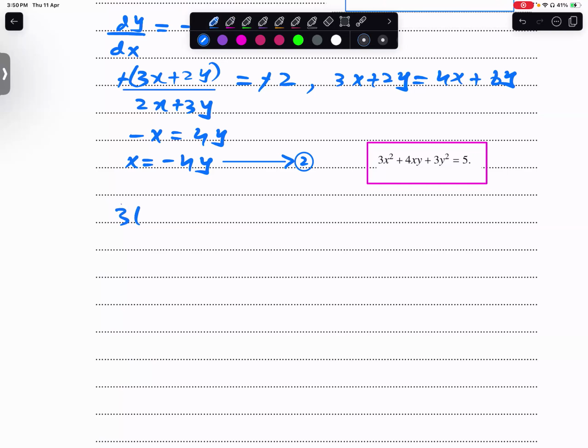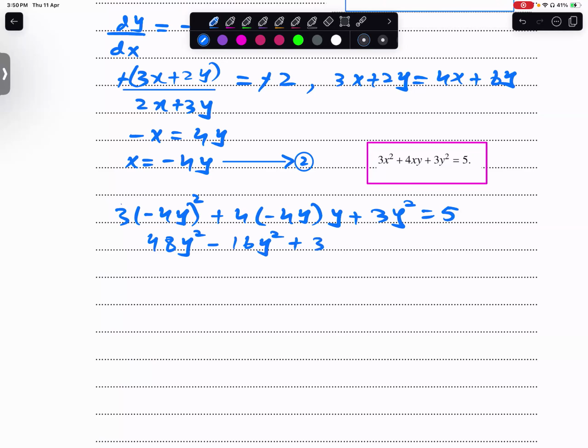3 times (minus 4y) whole square plus 4 times minus 4y times y plus 3y square is equal to 5. So now this will become 4 square, 16, times 3 will be 48. 48y square minus 16y square plus 3y square is equal to 5.